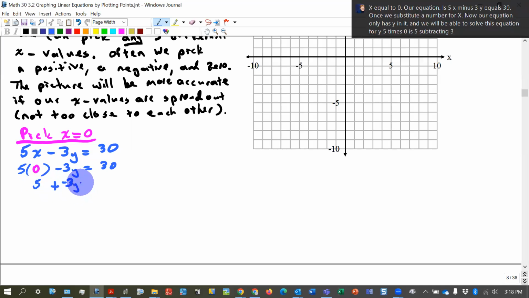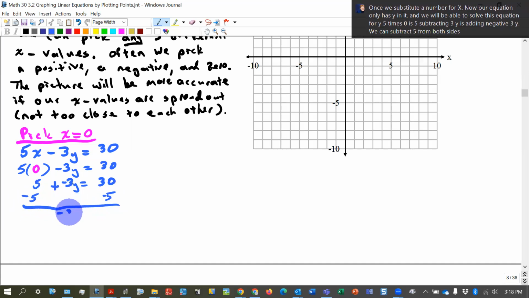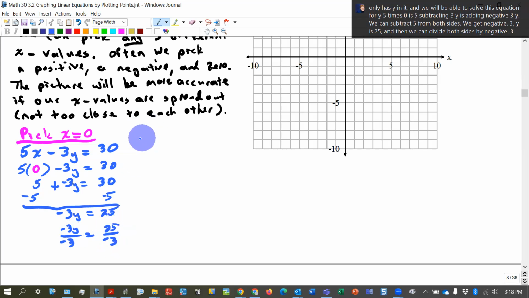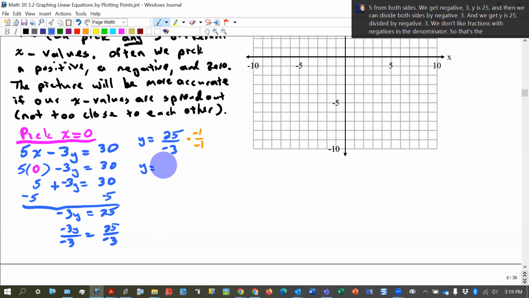Subtracting 3Y is adding negative 3Y. We can subtract 5 from both sides. We get negative 3Y is 25. And then we can divide both sides by negative 3. And we get Y is 25 divided by negative 3. We don't like fractions with negatives in the denominator. So that's the same as negative 25 divided by positive 3.